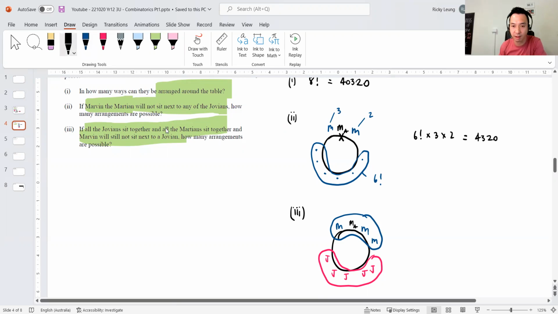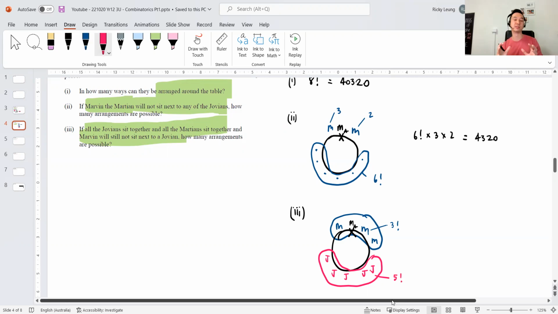Now, once again, lock Marvin down. So what that means is this, right? And this is really important. So the 3 other Martians have 3 factorial ways of being arranged, right? And similarly, the Jovians have 5 factorial ways.